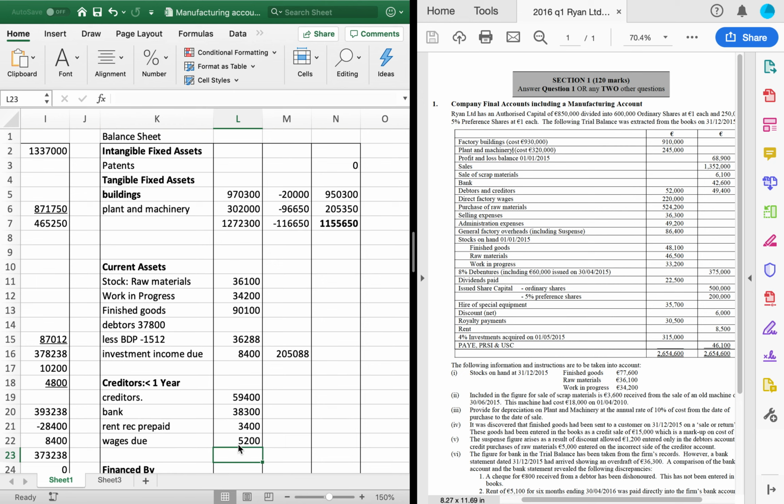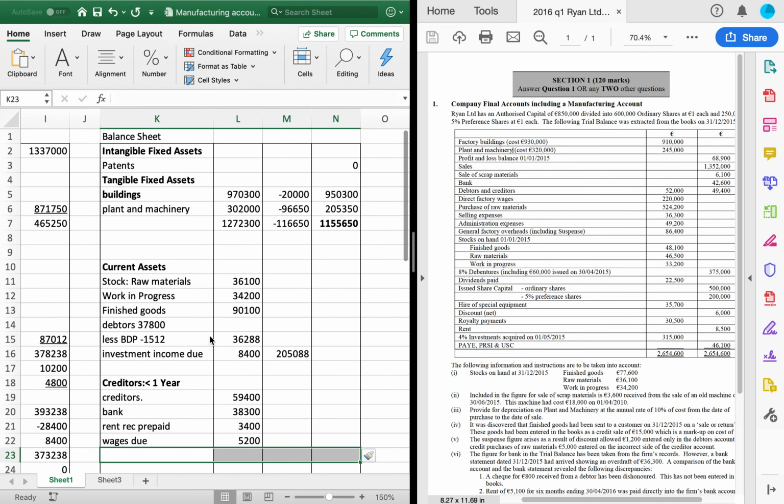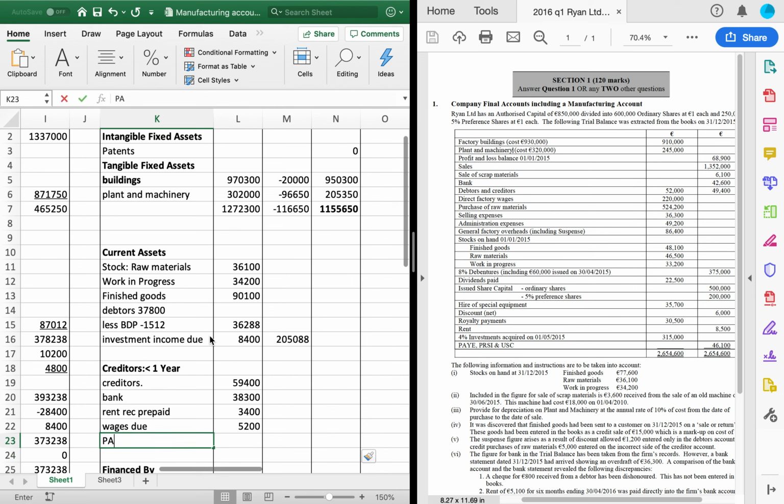Then we've got PAYE and PRSI. So that's from the question. That is not taxation, by the way. The only thing that's ever taxation is corporation tax. So I saw PAYE here a second ago. It's 46.1.